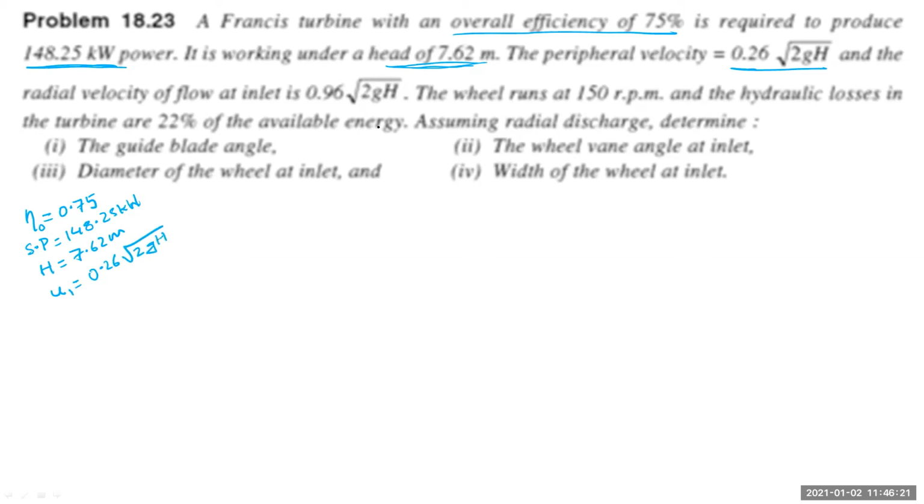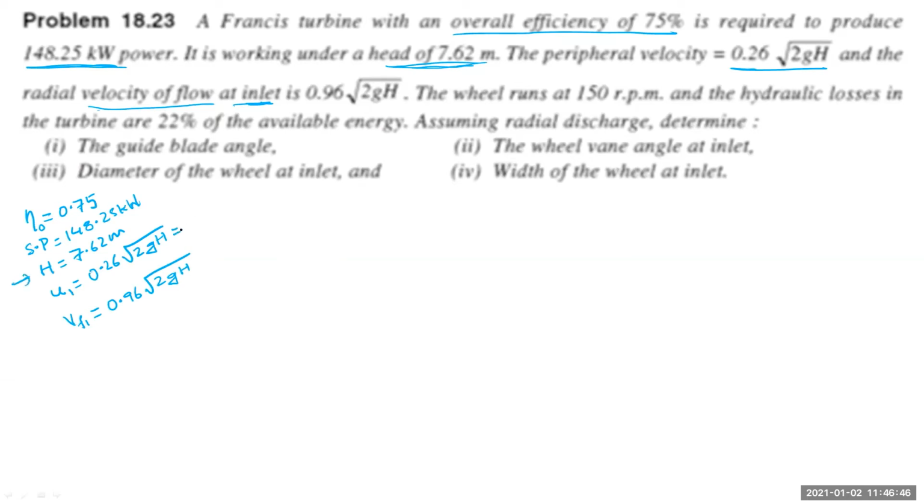And the radial velocity of flow at inlet, velocity of flow Vf1, is given by 0.96 into root under 2 into G into H. Here if you will see, H is known, H is given here.